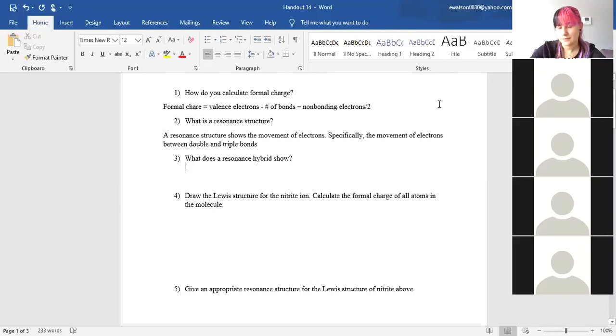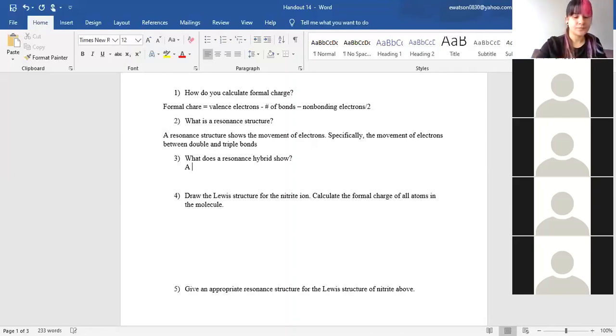It's electric. Yeah, it's electric, but you can also use fuel, gasoline, right? So you're taking two things and putting them in one, which is exactly what this is doing. A resonance hybrid is depicting both of the resonance structures at the same time. So this is also a truer depiction of the molecule because those electrons are not just choosing one double bond to stay at, they're constantly bouncing back and forth.